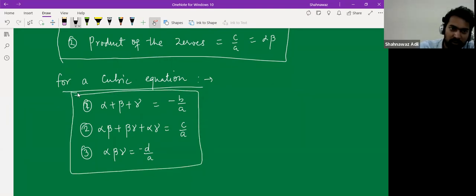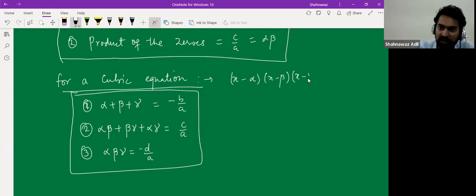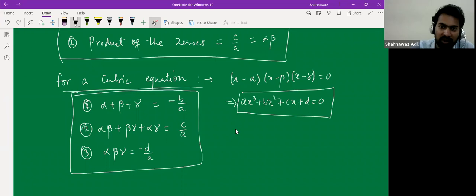And if you want to prove this, you will have to take the general form of the cubic equation, which is ax cube plus bx square plus cx plus d, and solve it, similarly to what we did with the quadratic equation.